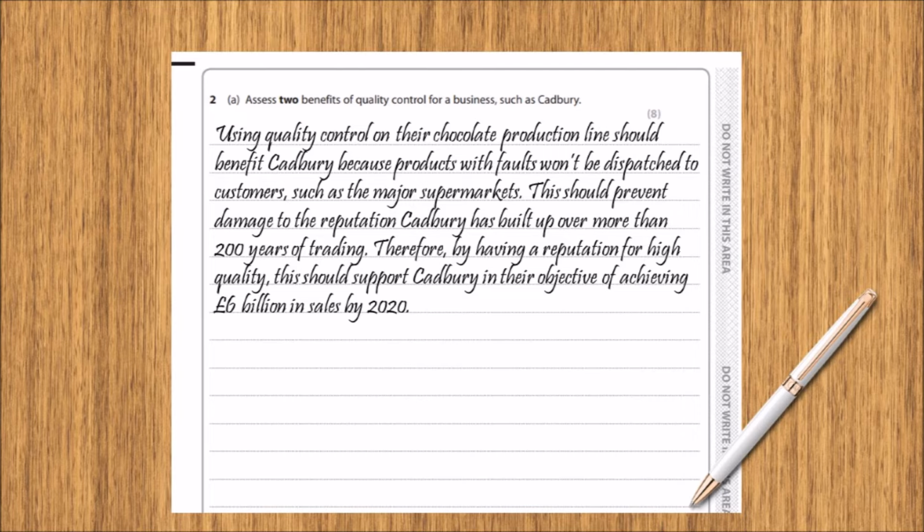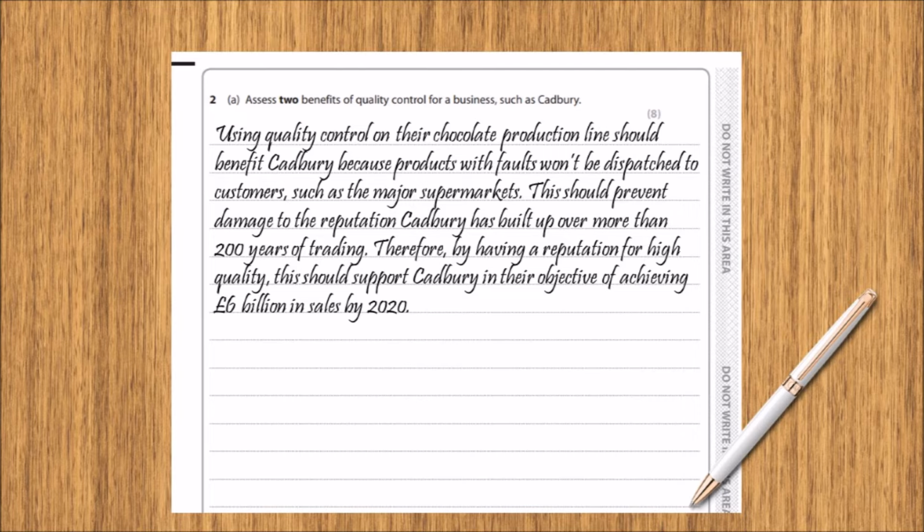But then we want to try and analyse this benefit. So what does that mean for Cadbury's? If they're spotting faults before they reach customers, how does that impact on them? So we could say this should prevent damage to the reputation Cadbury's has built up over more than 200 years of trading. And we take that little fact from the case study so that everything we're writing is nicely in context.